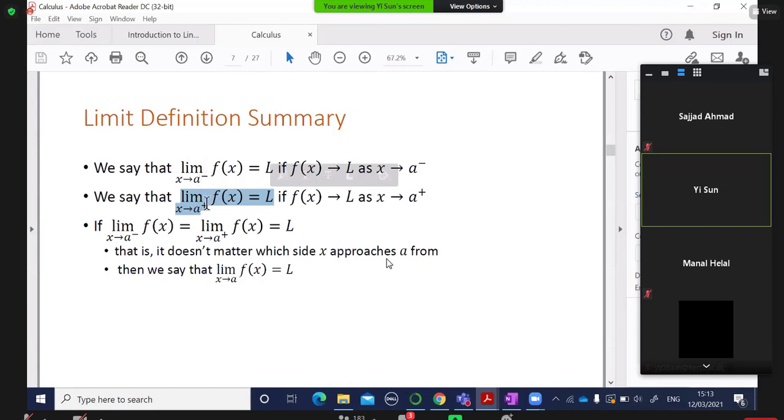One is from left, one is from right. When the two-sided limits from right and from left are equal, then we have the limit for this function at that point equal to L. Then we can say here, that is, if we have this, then that means the two-sided limits are equal.